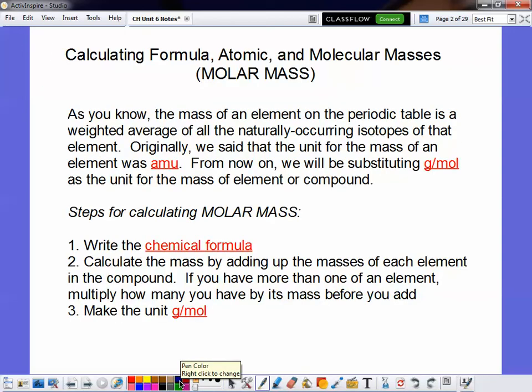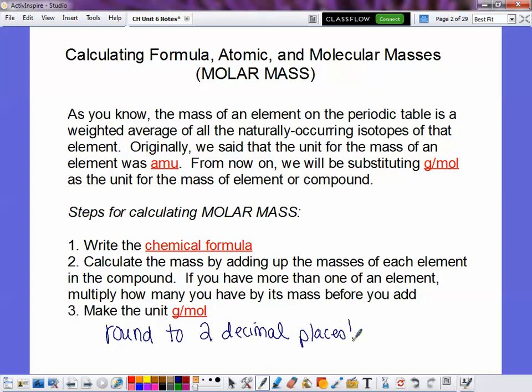When we calculate molar mass, when we pull a number from the periodic table, we are going to round our numbers to 2 decimal places. Okay, make it nice and easy. All of our numbers we're going to round to 2 decimal places. Okay?